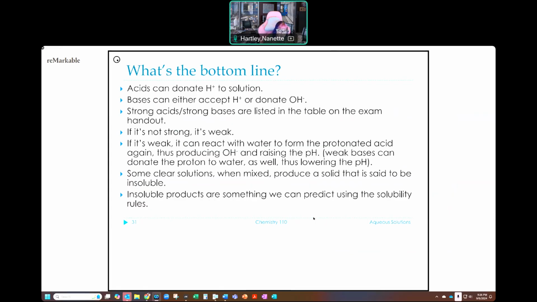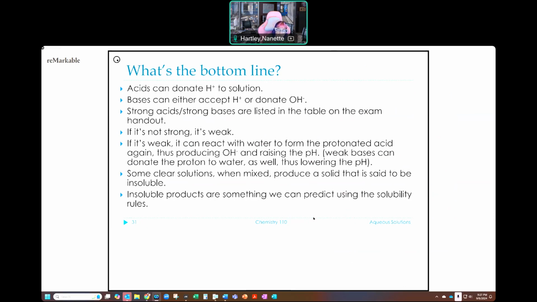You need to be able to tell me, based on what kind of thing it is, whether it's a strong electrolyte or a weak electrolyte, and then tell me whether it's a good conductor, weak conductor, or non-conductor, based on its electrolyte properties.